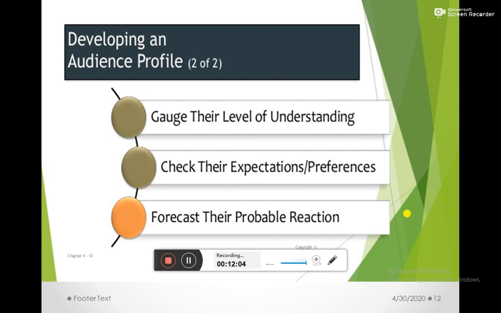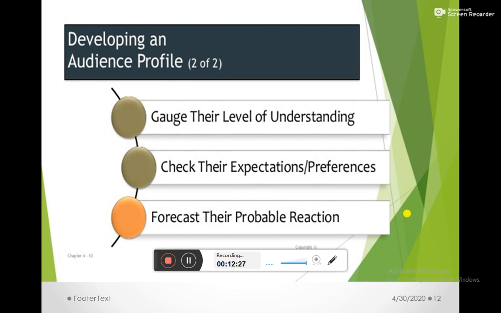For example, their level of understanding. To gauge their level of understanding means that if audience members share your general background, they will probably understand your material without difficulty. If not, your message may need an element of education.